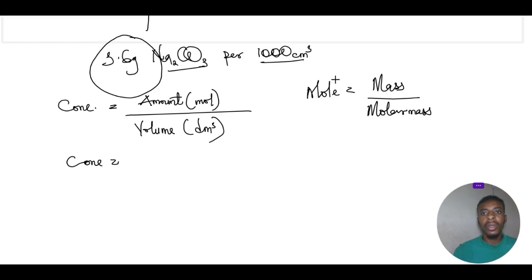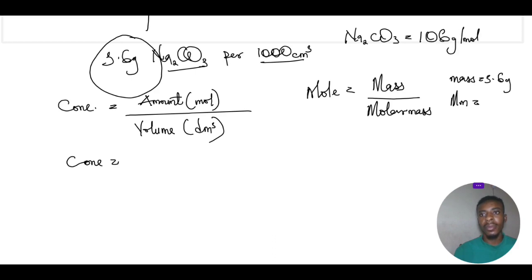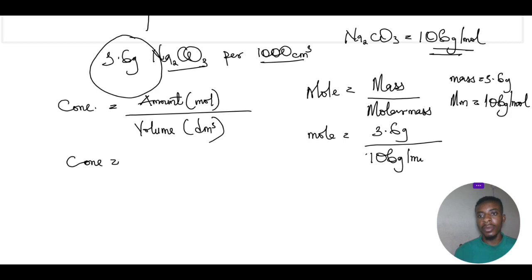The mass is 3.6 grams, and the molar mass of sodium carbonate, Na2CO3, if you calculate it, you should have 106 grams per mole. So we substitute into the formula: mole equals the mass, 3.6 grams, over 106 grams per mole.